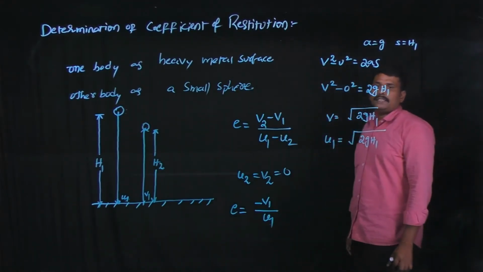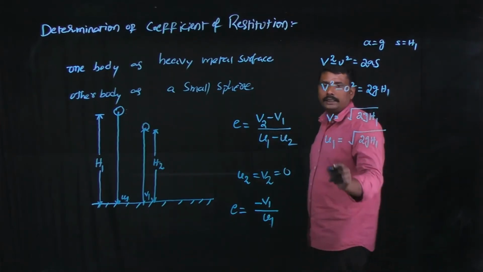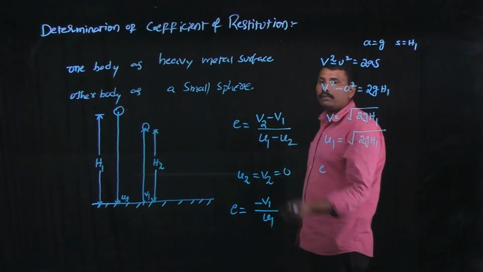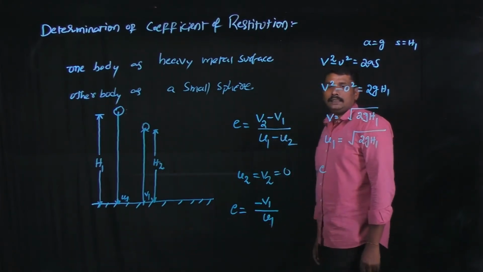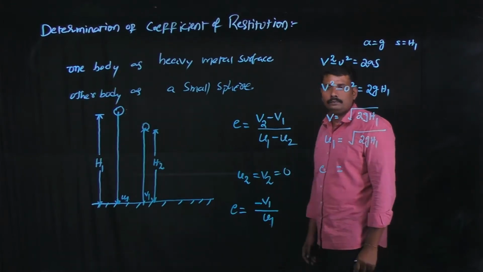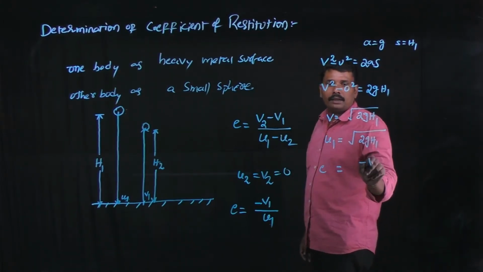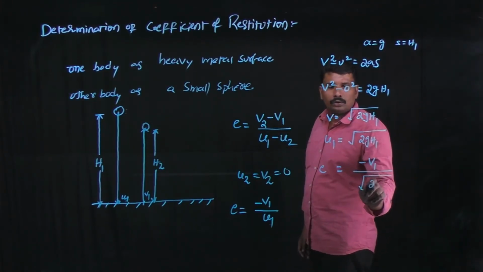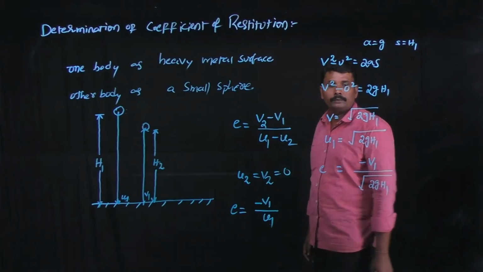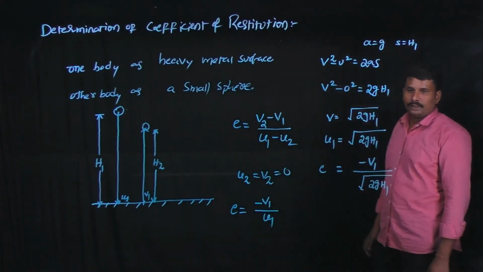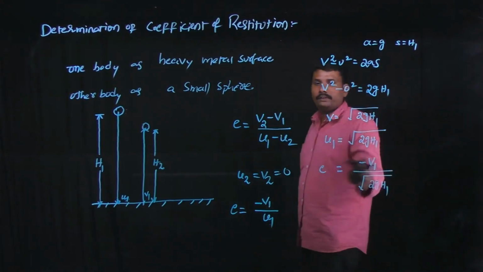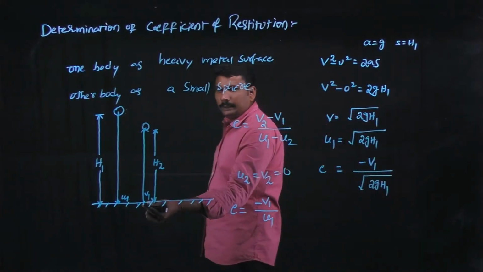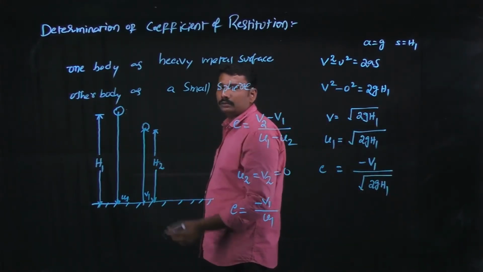Now by substituting the value of u1 in the formula of coefficient of restitution, e equals minus of v1 by under root 2g h1. Now what is the value of v1? Here the sphere rises to a height h2.